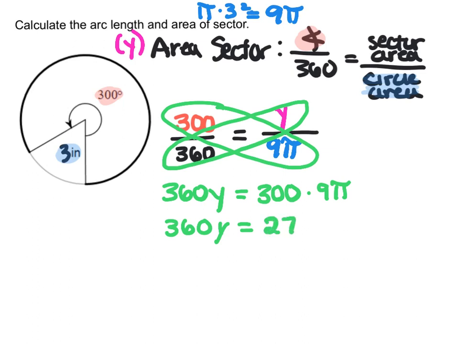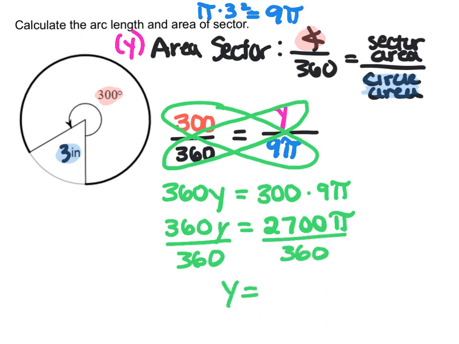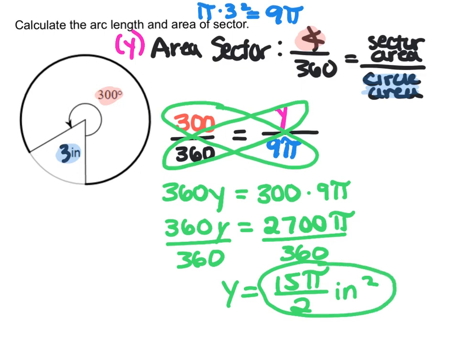So it's 2700 pi. And then divide both sides by 360 to get y equals 7.5, which we can change back to a fraction. So it's 15 pi over 2 inches squared, since it's area.